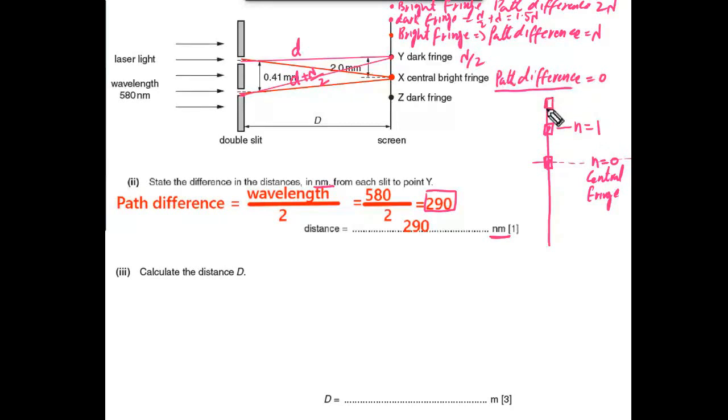And for the next bright fringe, n is equal to 2. So n is equal to 1 means 1 lambda, n is equal to 2 means 2 lambda. If this is the third bright fringe, n is equal to 3, so this is 3 lambda. That's all: 0, 1, 2, 3. This is for bright fringes.